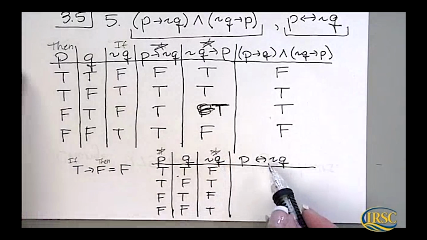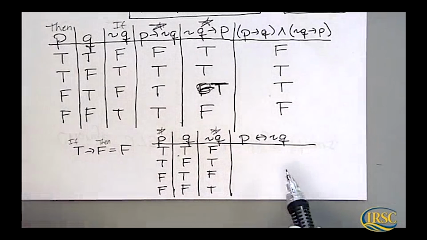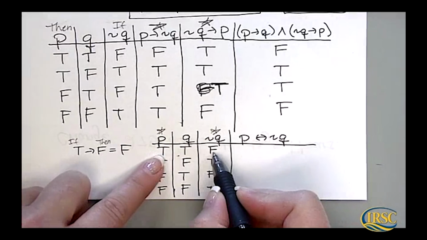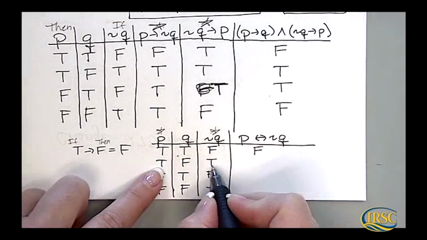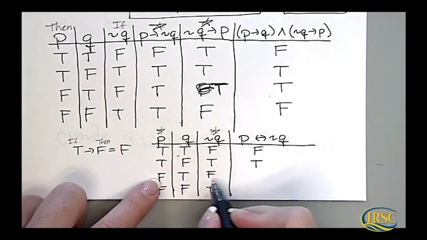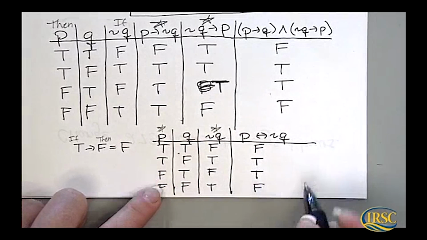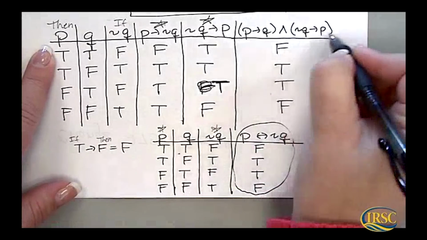And what do I know about if and only if? They're true if they're both the same. Good. So in the first row, they're different, so this is false. In the second row, they're the same, so this is true. In the third row, they're the same, so it's true. And in the fourth row, they're different, so false.